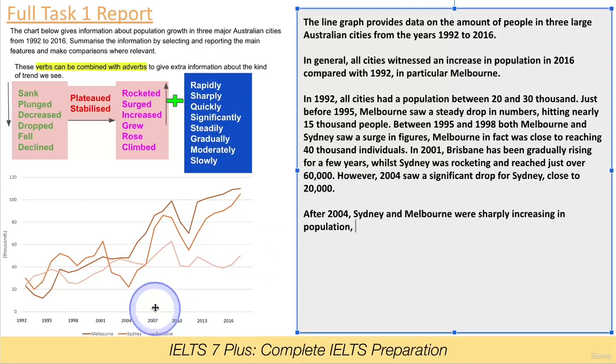Should we see if we can take any numbers here? And in 2007, let's have a look. This graph is a bit difficult to read. So we have about 70, should we say 75? Sydney hit 75,000.